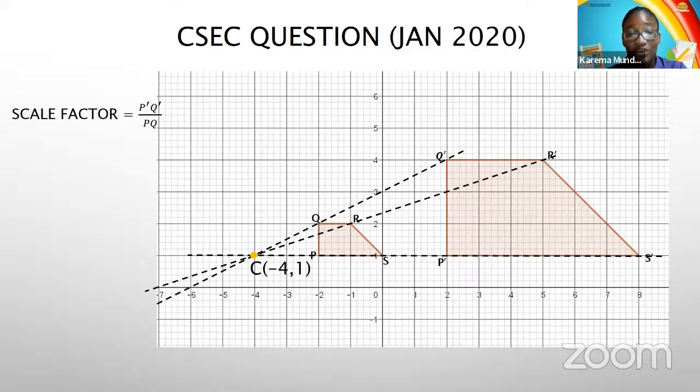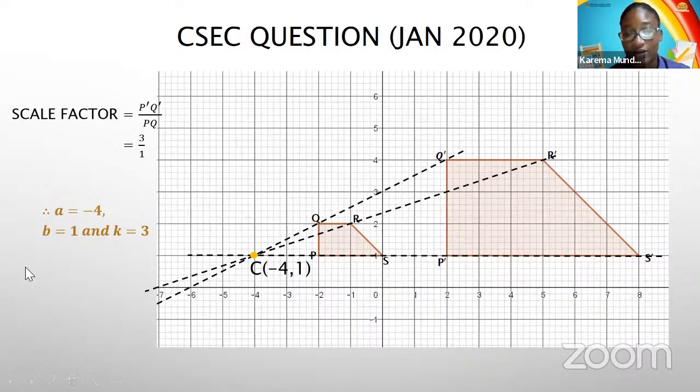PQ is one of the easiest lengths to see, not true? P prime, Q prime is 3 units, and PQ is 1 unit. Awesome. And so therefore my scale factor is in fact 3.